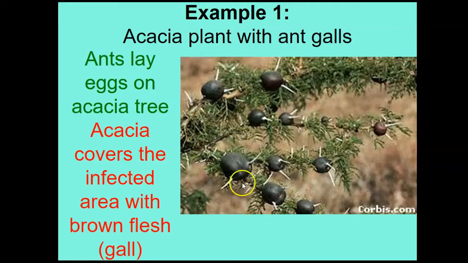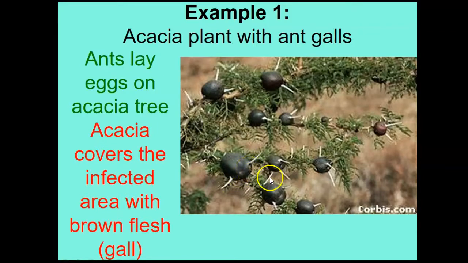Now, the reason they choose the acacia tree is you see these thorns right here. These thorns prevent a lot of the herbivores from coming and feeding on this tree, especially where the thorns are. So that's why it chooses this tree in particular.